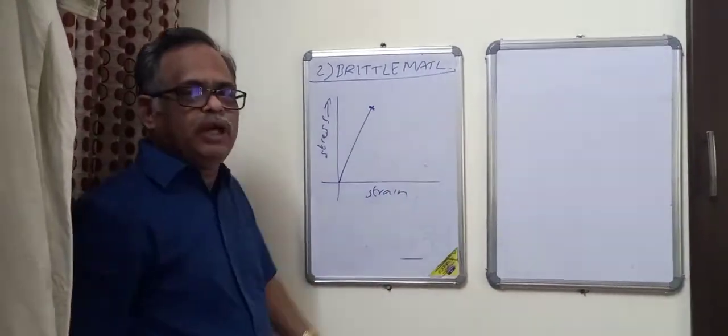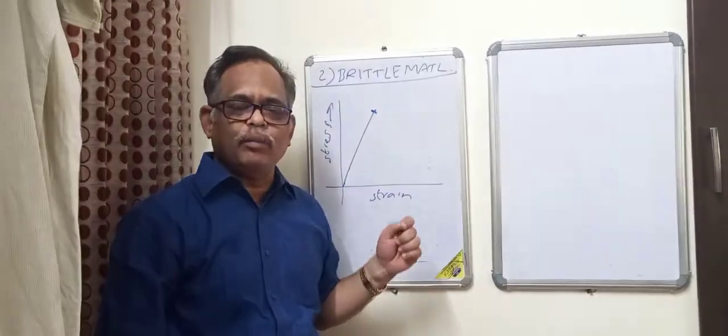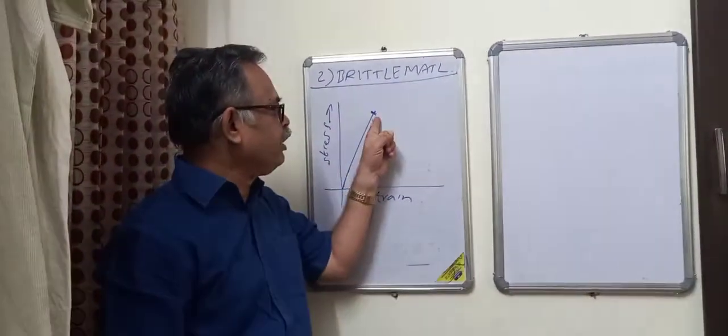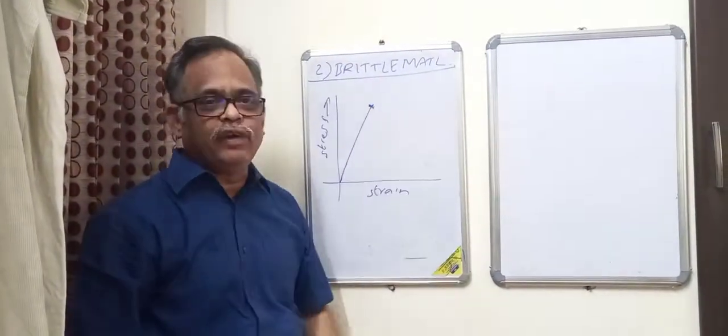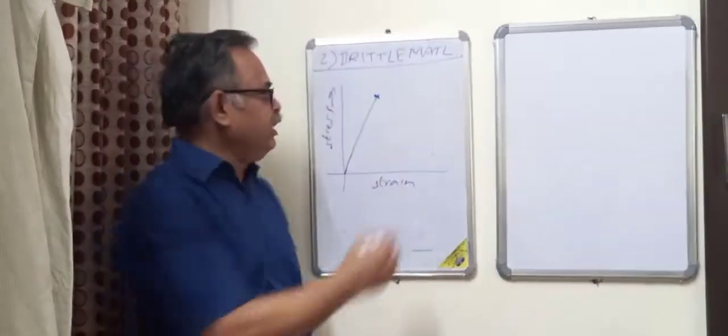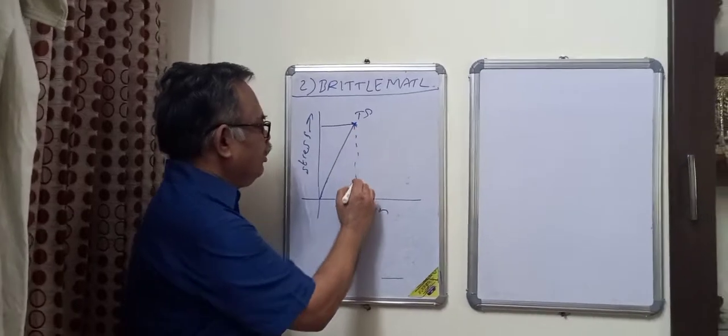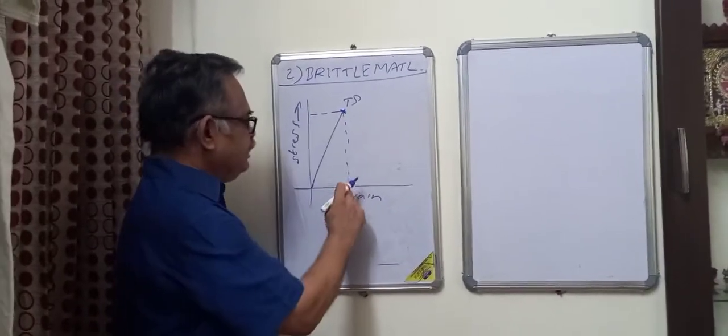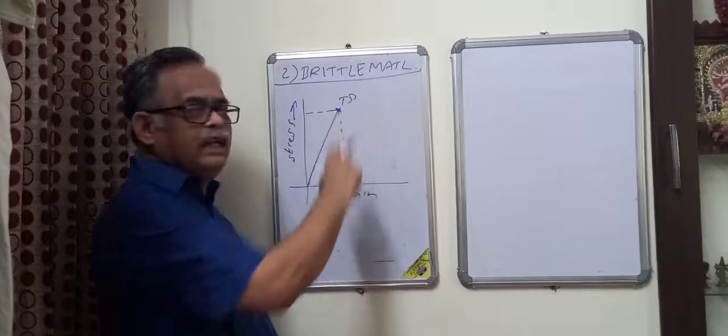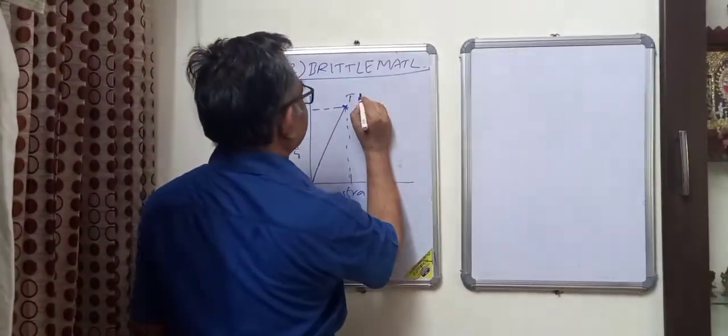So in the case of brittle material, unlike mild steel, without any warning the material will fail all of a sudden when it reaches the tensile strength. Reaching this particular strain, it will suddenly fail. This is your tensile strength.